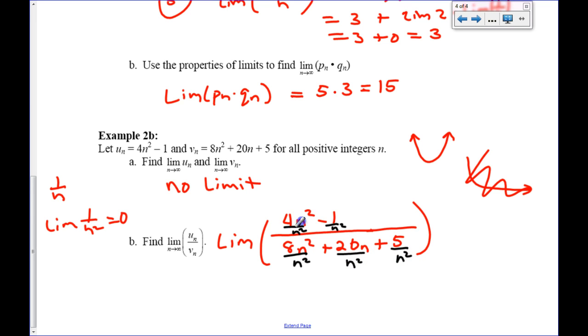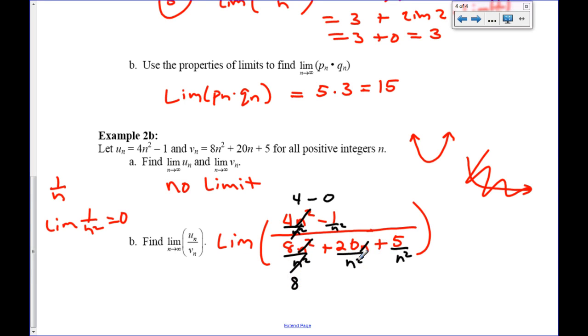Notice that the n squareds cancel here, and I'm left with a 4. What is the limit of 1 over n squared? 0. So I have 4 minus 0 on top. Okay, notice that the n squareds cancel here, and so what am I left with? 8.